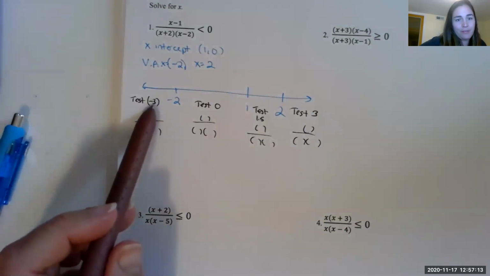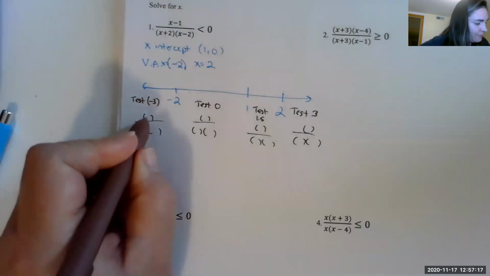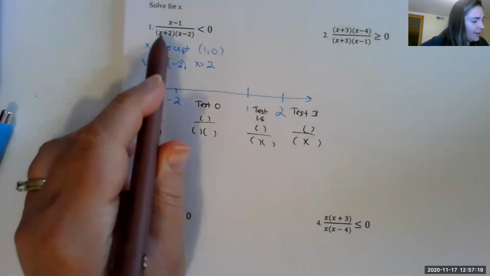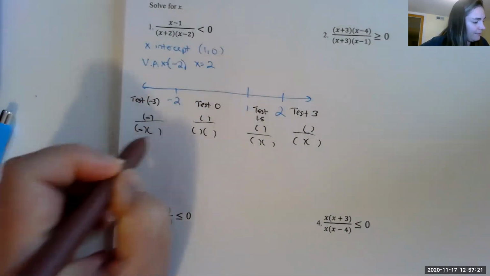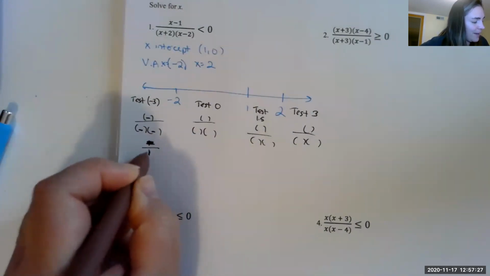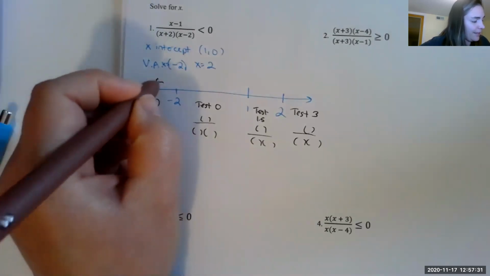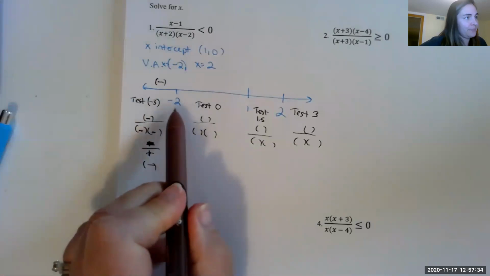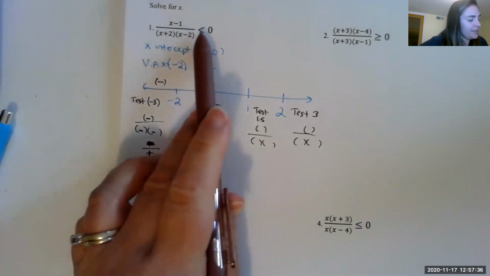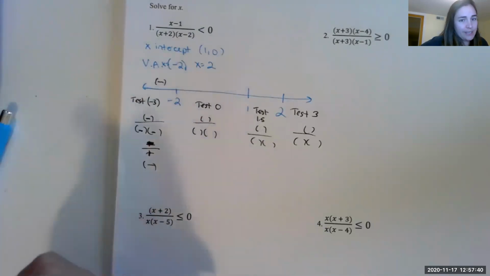Okay, so if I test -3 in here, -3 minus 1 is going to be -4. That's a negative number. -3 plus 2 will be negative. -3 minus 2 will be negative. So that's going to give me negative over positive, which will be negative, right? So I'm going to put a little negative right here. So when x is less than -2, the whole expression is negative.